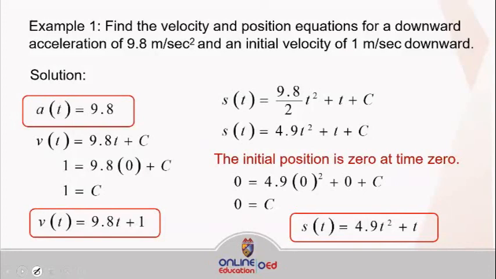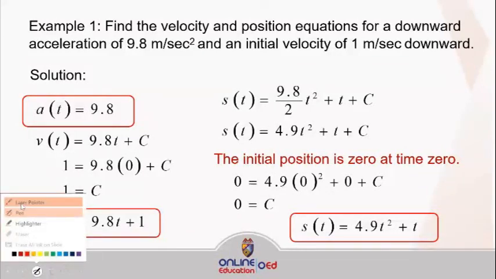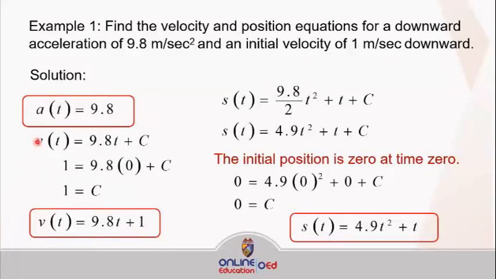For our next slide na, okay, for same problem pa rin naman. Given si acceleration as 9.8 meter per second squared and also the initial velocity of 1 meter per second downward. Ayan, given na naman siya dito. And, ayan, so yung mga given natin na formula, which is yung acceleration of time is 9.8.